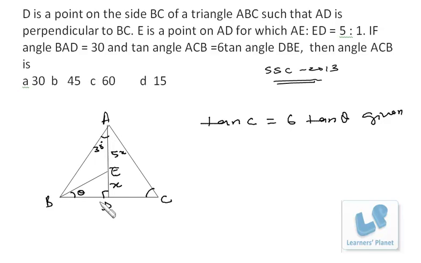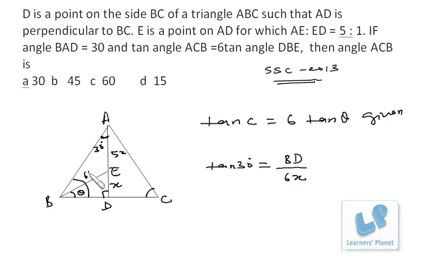You have a triangle ABD, that is a right angle triangle, right? So in this right angle triangle, if this is angle 30 degrees, so tan 30 degrees will be perpendicular, that is BD by base, that is 6x, right? And similarly, in fact we can take tan 60 degrees also.